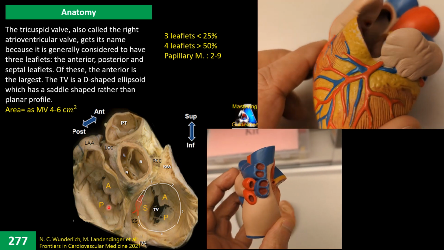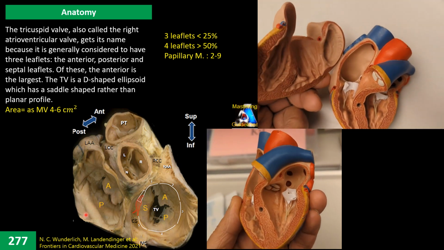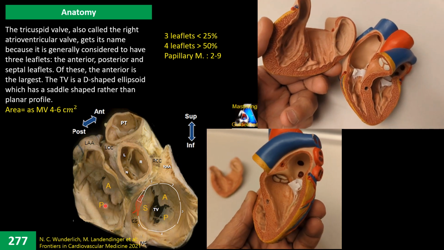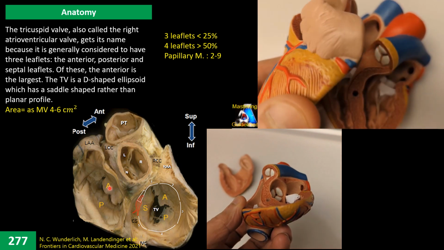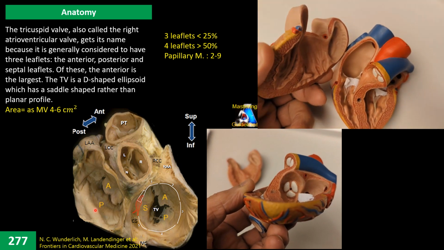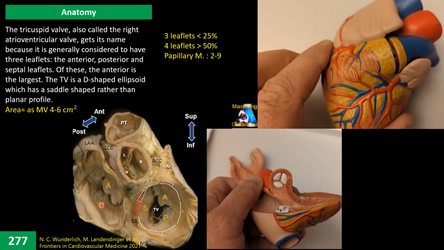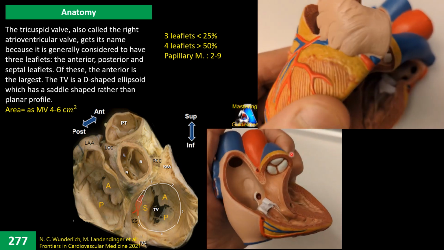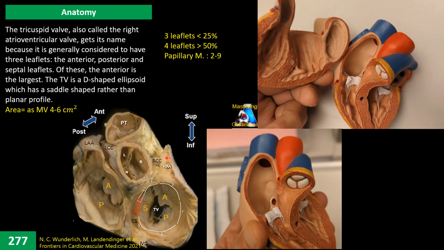That is the reason we can never see both of those valves at the same level on the PSAX. Besides that, the insertion of the tricuspid to the septum, compared to the insertion of the mitral valve, is a little different, more apical, which I am going to talk about shortly.